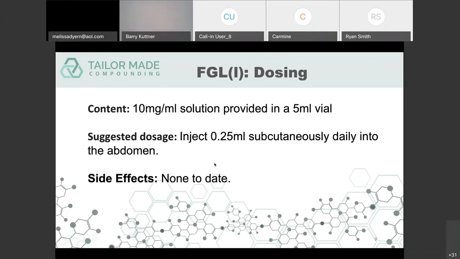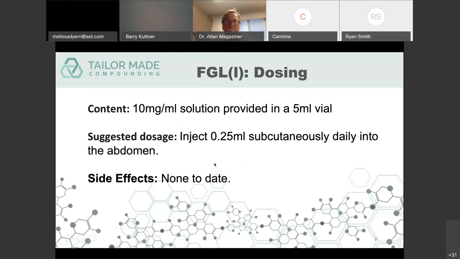The FGL dosing is unfortunately still a little bit difficult. The dosing they were using in some of these clinical trials was intranasal, anywhere from 50 to 100 milligrams intranasally per dose. Unfortunately, the price to create the product is exponentially high at those doses. So we've had to be a little bit inventive, and what we've decided to do is offer 50 milligram vials.